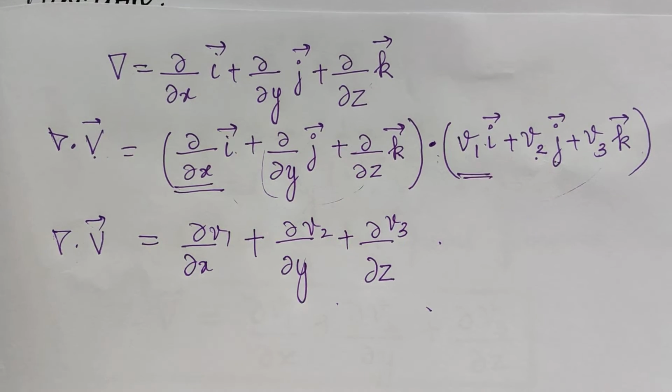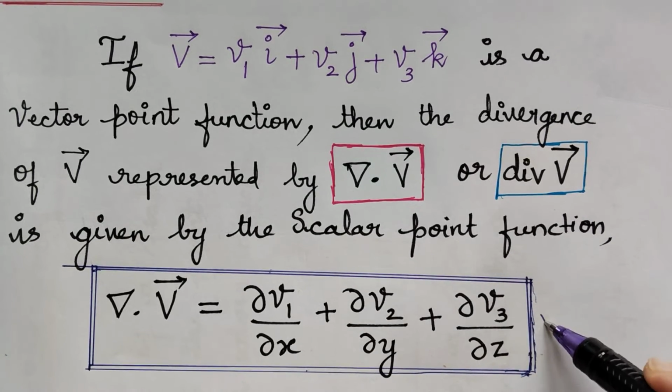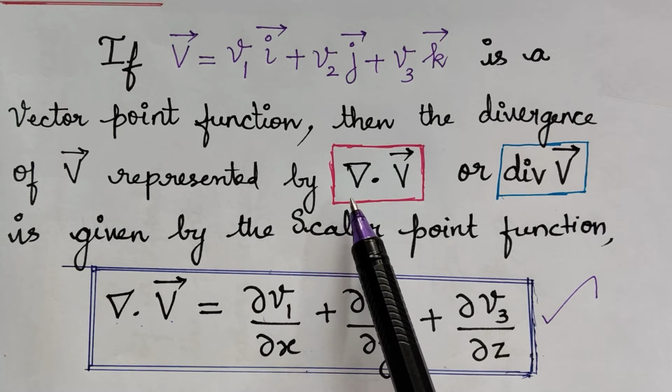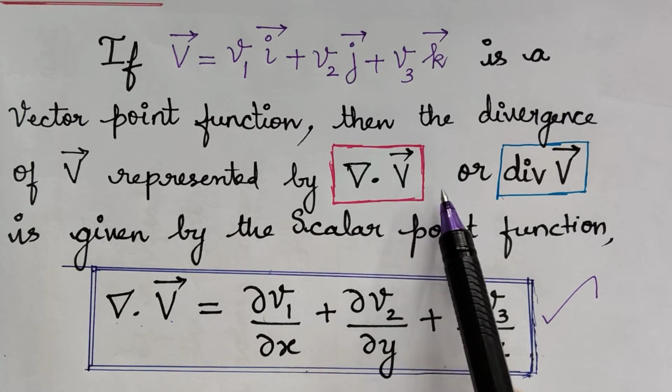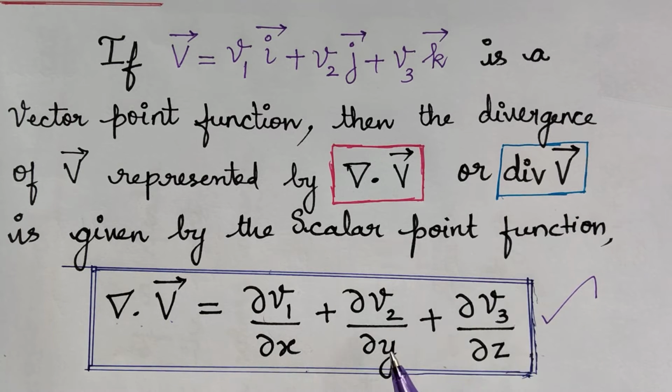So the formula is given like this, and this is what we obtain. This is known as the divergence, which is represented by nabla dot v vector, or it can also be written as div of v vector. Now we shall solve some problems under this topic.